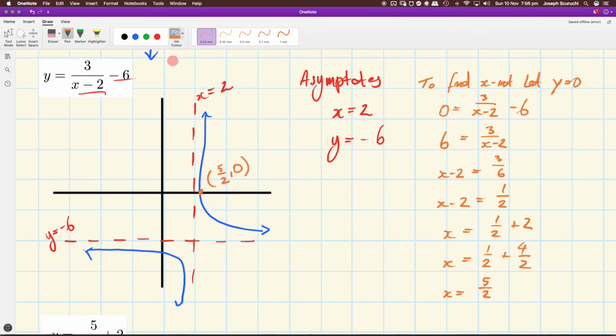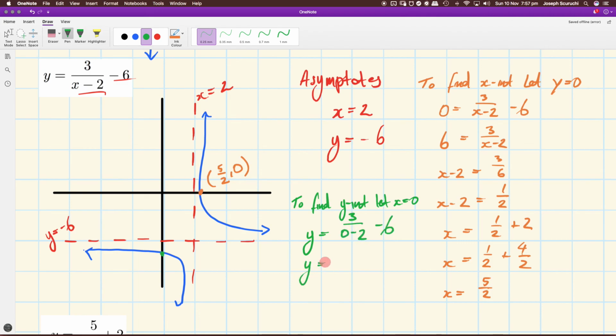And then I would have to find what my y-intercept is. To find my y-intercept, I'm going to let x equal 0. So let me just really write this out clearly. To find the y-intercept, let x equal 0. So I'm going to get y equals 3 over 0 minus 2, minus 6.